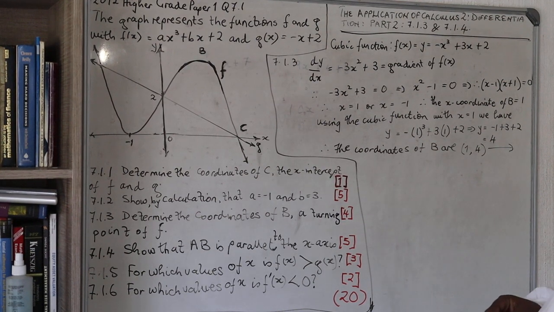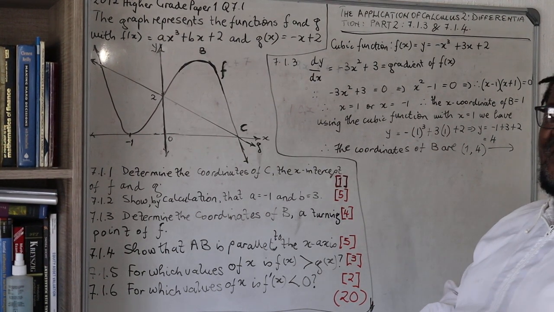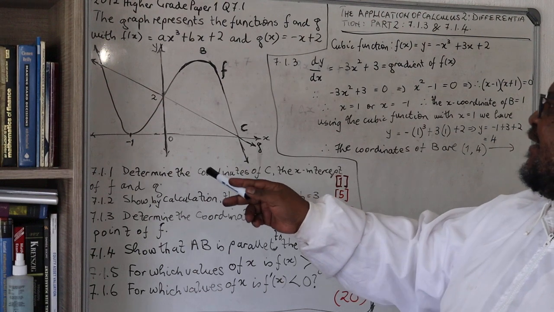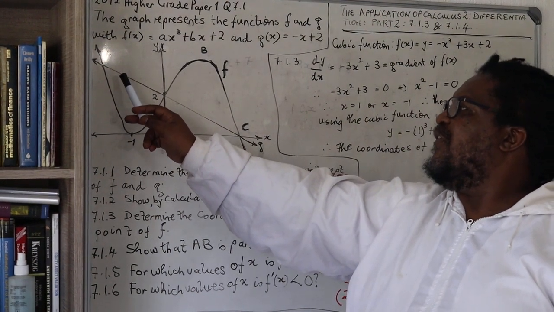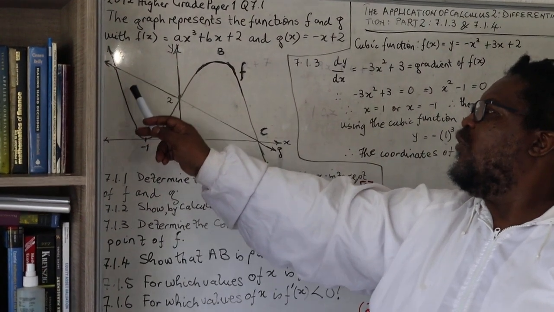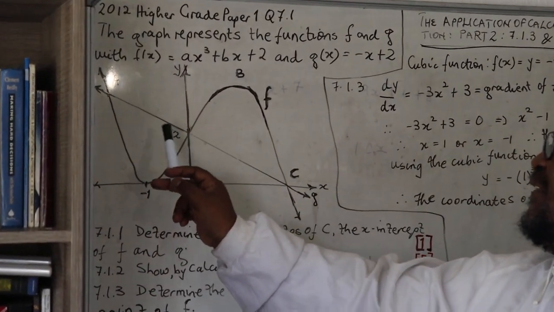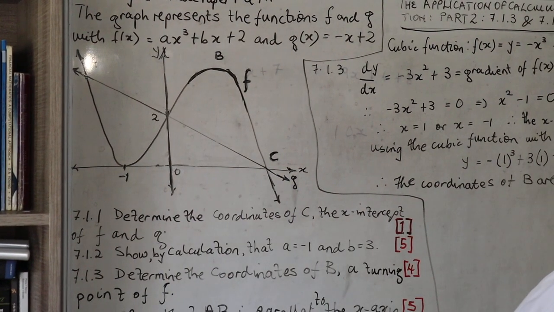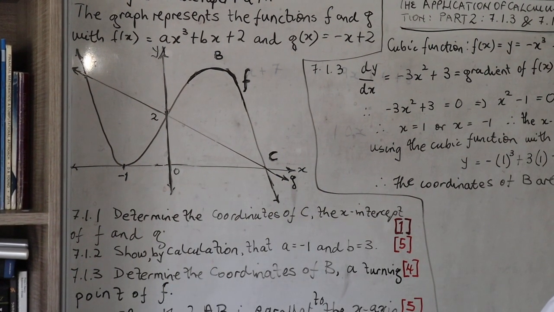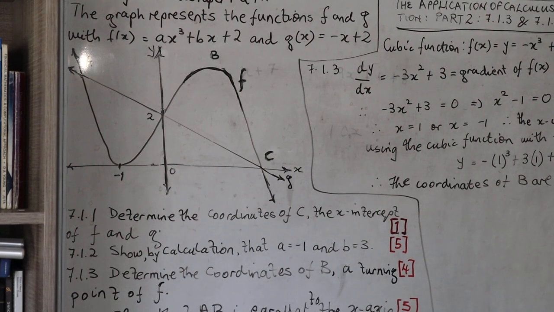So for us to find the coordinates of A, we notice that at point A, it is a point of intersection of the cubic function and the line. So in other words, the coordinates of A satisfy both the line and the cubic function.